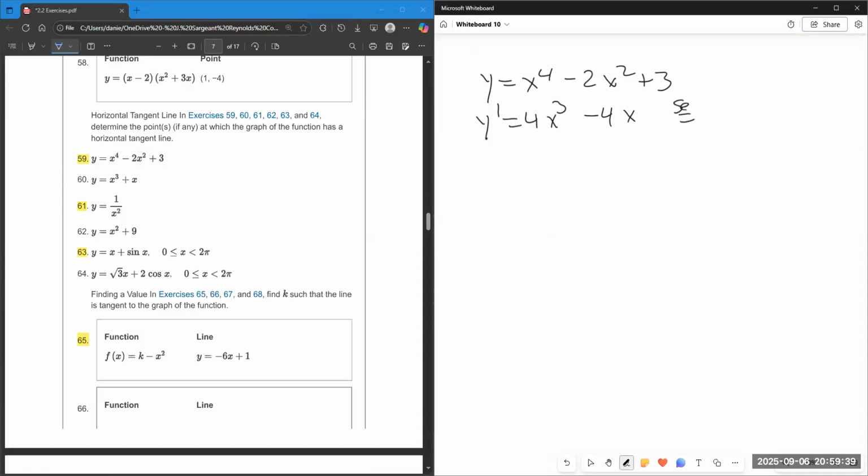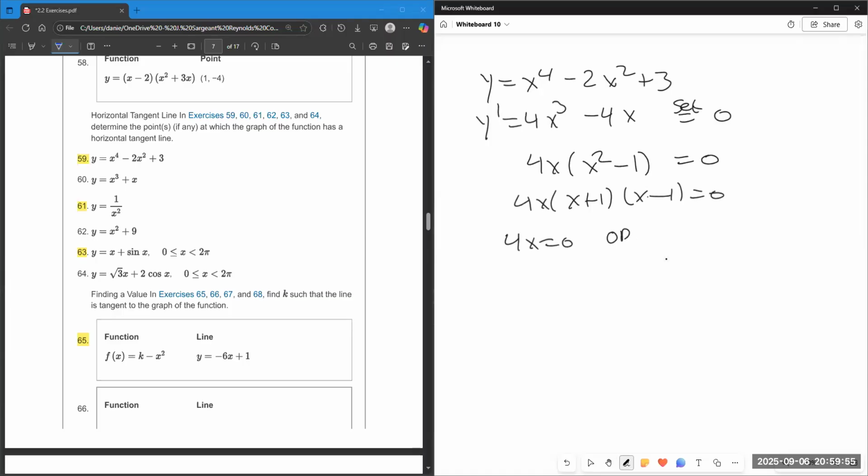We want to set that equal to 0. 4x is a common factor, leaving us with x squared minus 1. 4x times x plus 1 times x minus 1 equals 0. 4x equals 0, or x plus 1 equals 0, or x minus 1 equals 0. So x equals 0, or x equals negative 1, or x equals 1.